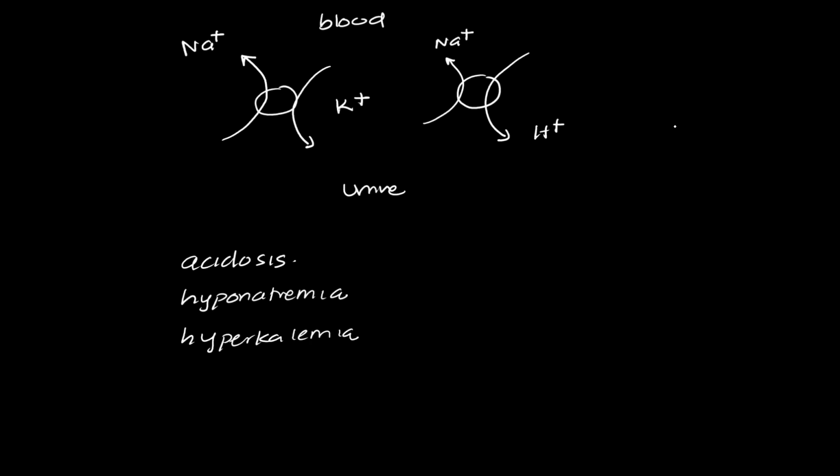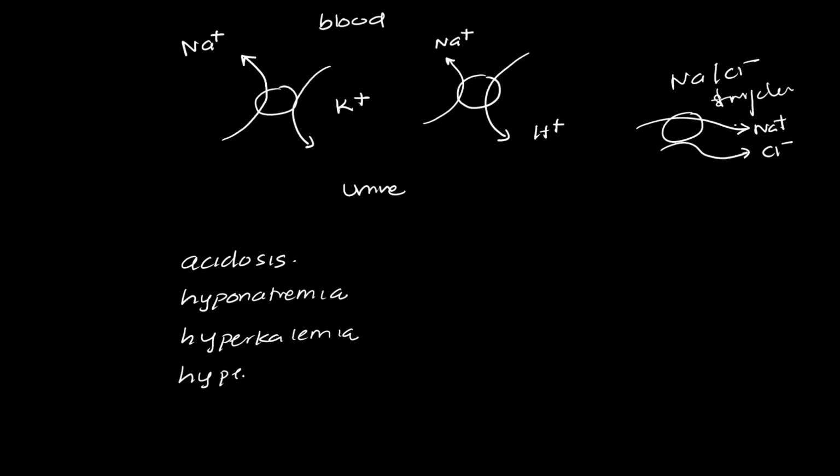There are sodium chloride transporters or channels that are present particularly in the collecting ducts, where sodium will be reabsorbed along with chloride. So what would happen is that there will be hyperchloremia.